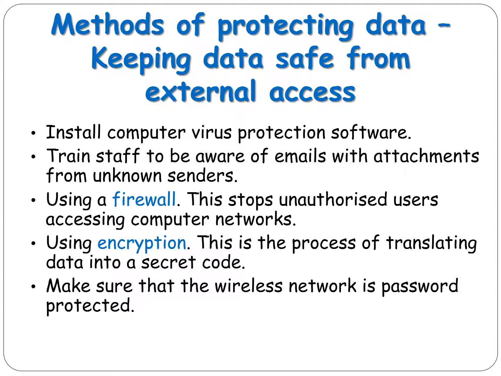So if you have an iPad and it's attached to your home wireless network, but your wireless network doesn't have a password on, anybody could pull up outside your house and see what you're doing on your iPad by accessing your wireless network. It's the same in a business, making sure that the business's wireless network has a password on it and that it's password protected means that the data can be kept safe as well.